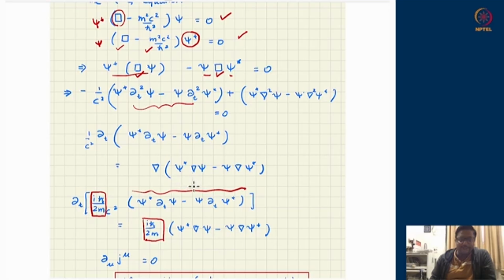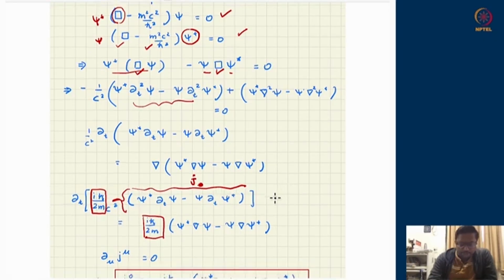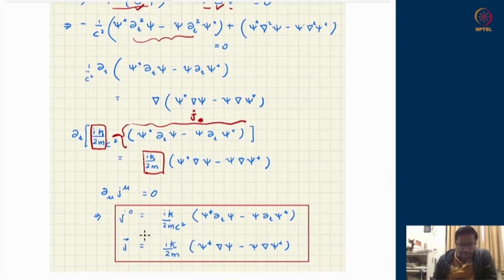Okay, so let us call it small j0, so this constant is iota h bar over 2m c square times this whole derivative, which is j0, and iota h bar by 2m with the whole thing as this is j.